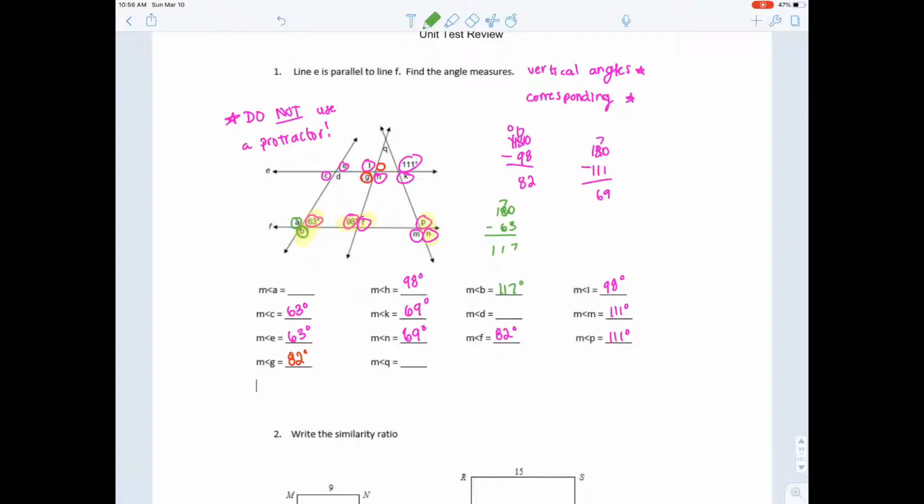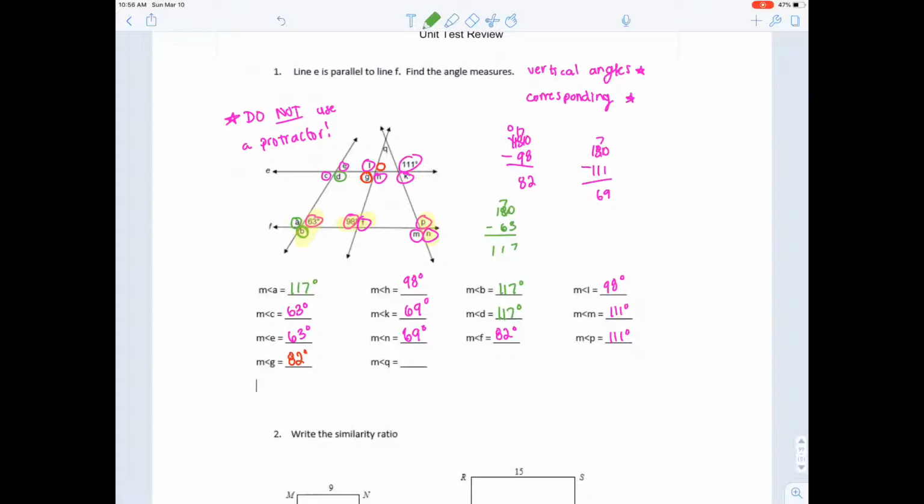Because angle A is a vertical angle to angle B, we know that angle A is also 117 degrees. Look at that. Also, angle D is corresponding to angle B, or it's an alternate interior angle to angle A, and therefore angle D is congruent to A and B. So it's also 117 degrees.